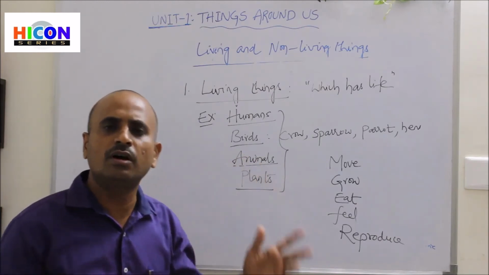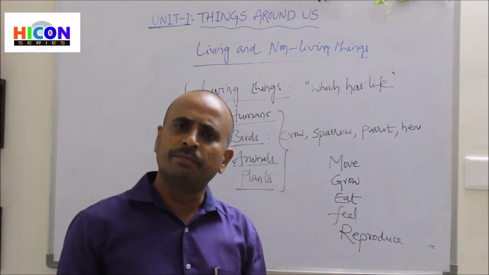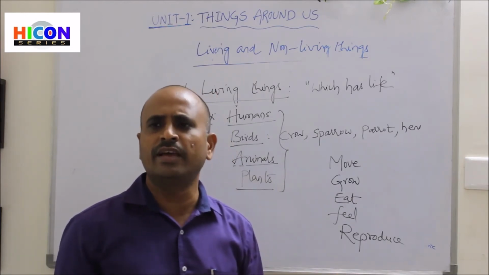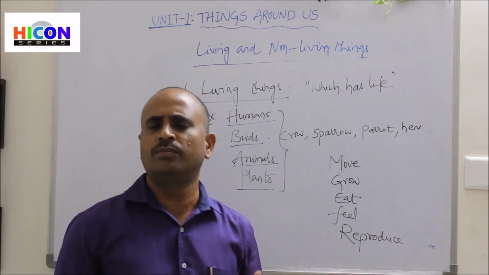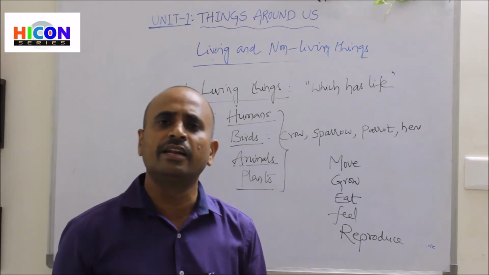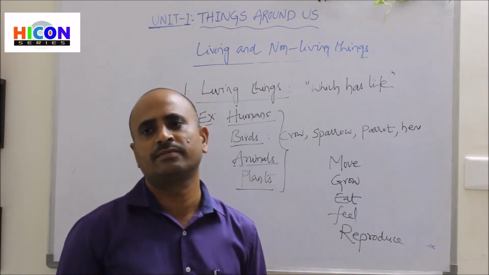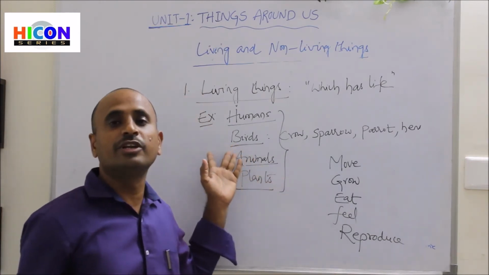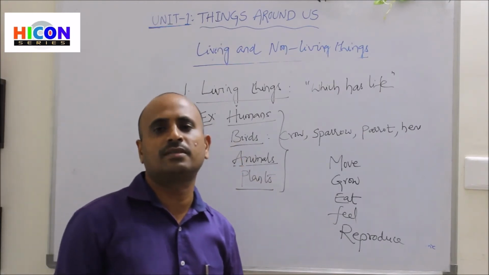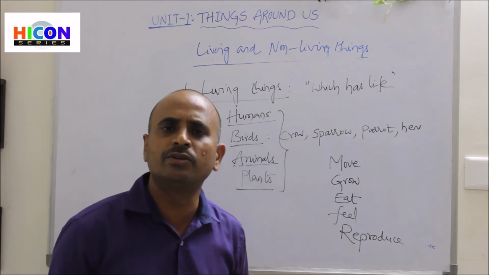For example, dogs produce puppies and cats produce kittens. Every animal, both domestic and wild, can reproduce their new ones. Birds also reproduce, and human beings also reproduce. Every woman gives birth to new kids.